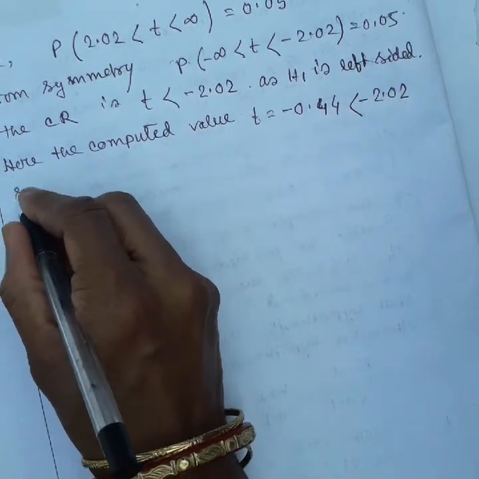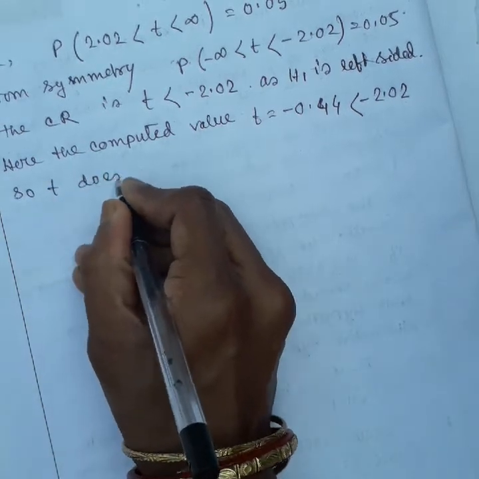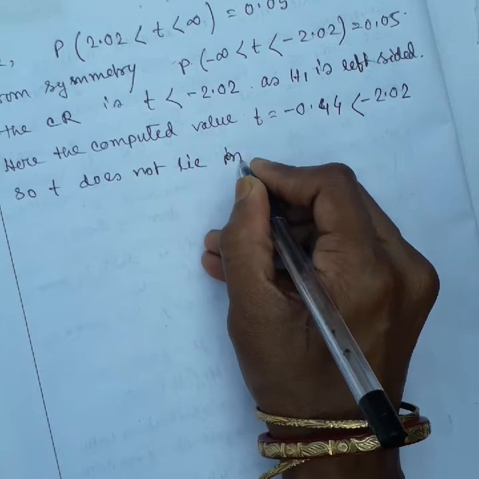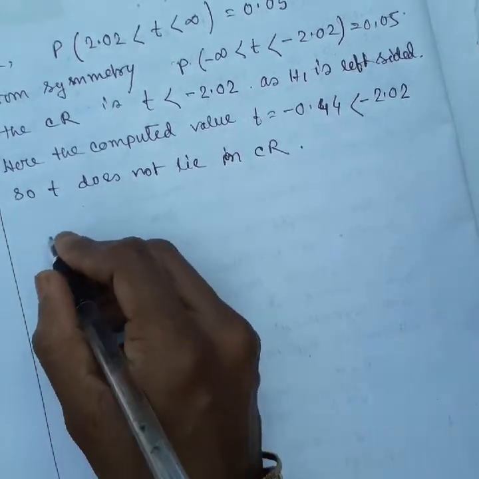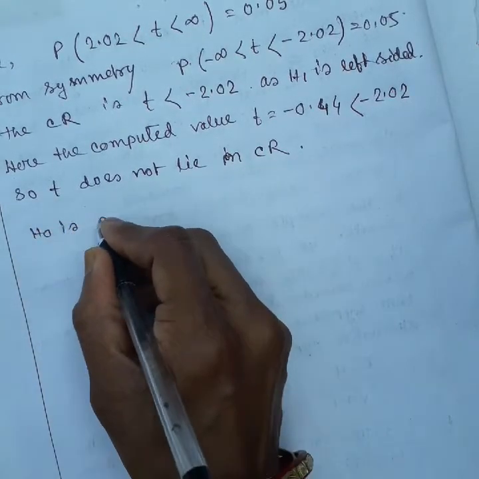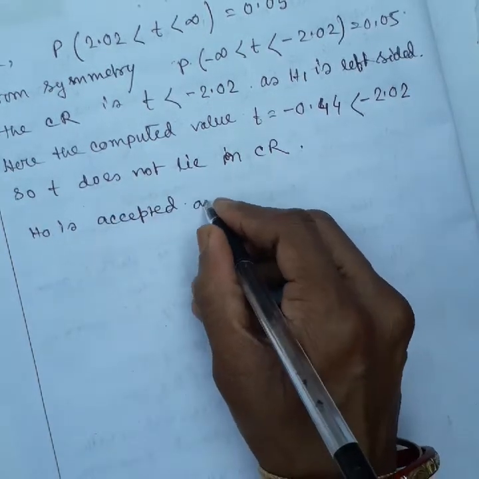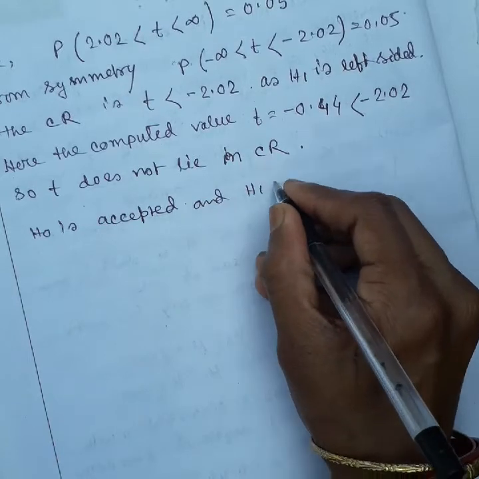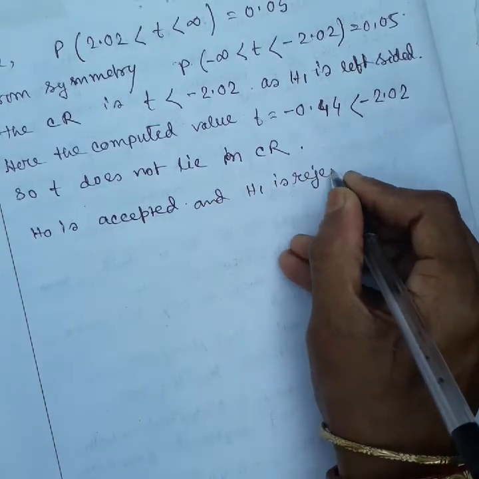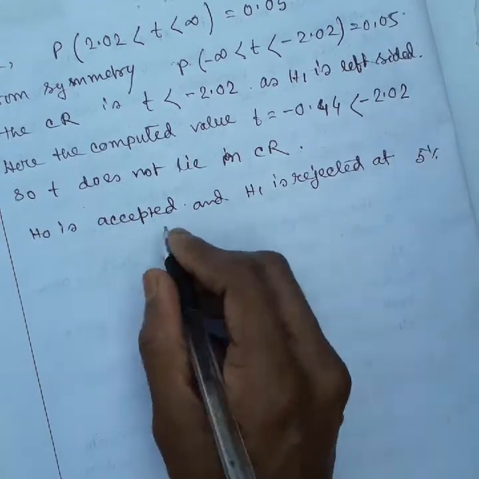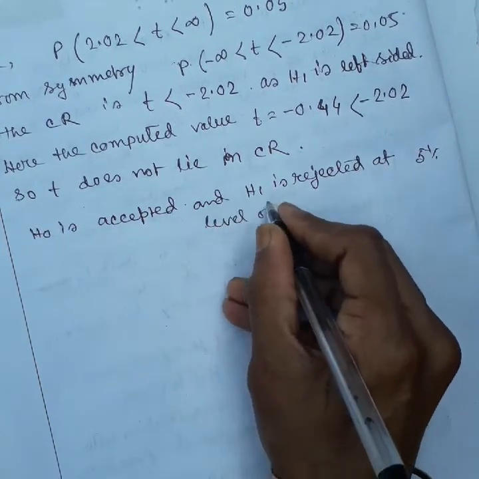So t does not lie in the CR, that means H0 is accepted and H1 is rejected at 5% level of significance.